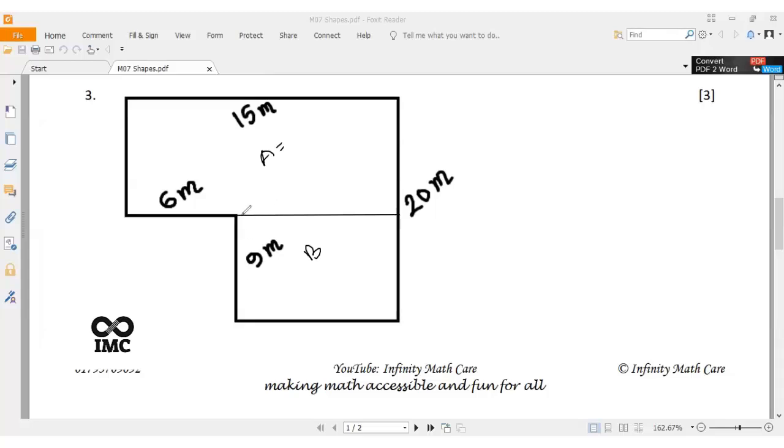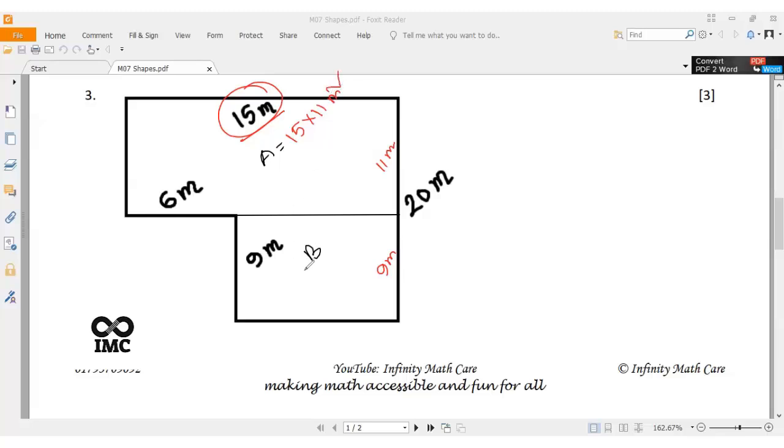So if this one is 9 meter, then this one must be 9 meter. Then what will be this one? 11 meter. Why? 20 minus 9 will be 11. So for A, length is 15, breadth is 11. So 15 multiplied by 11 meters square.